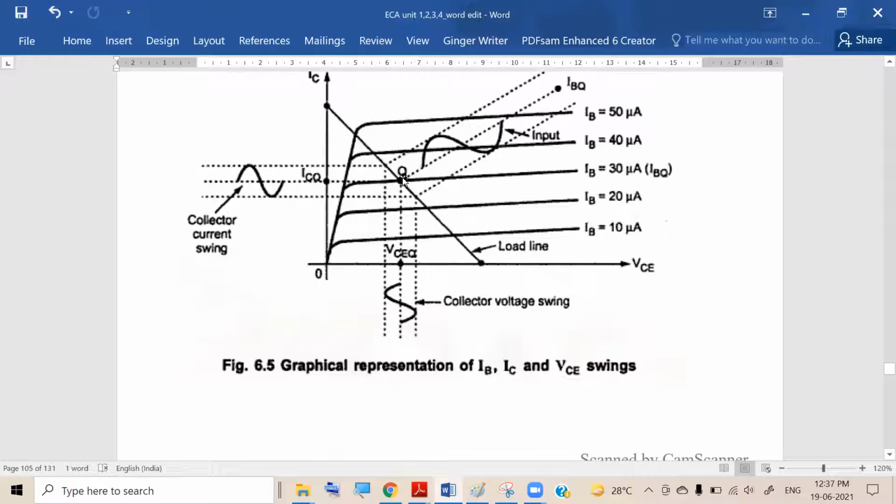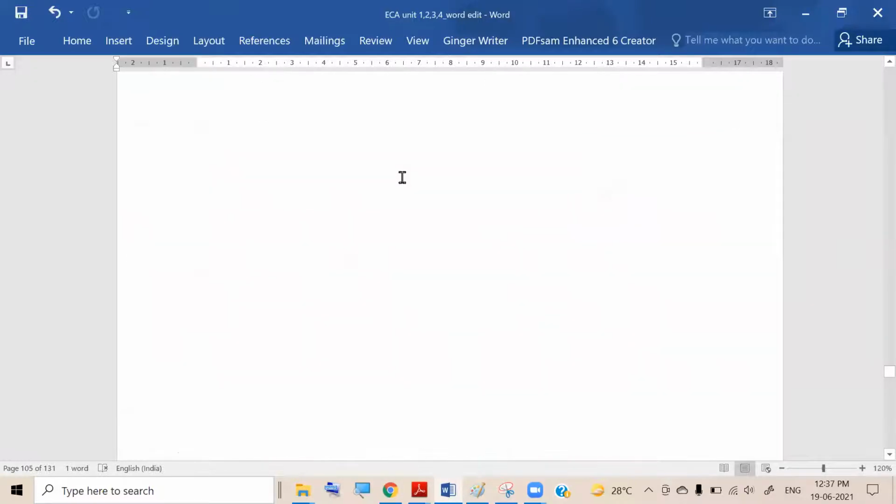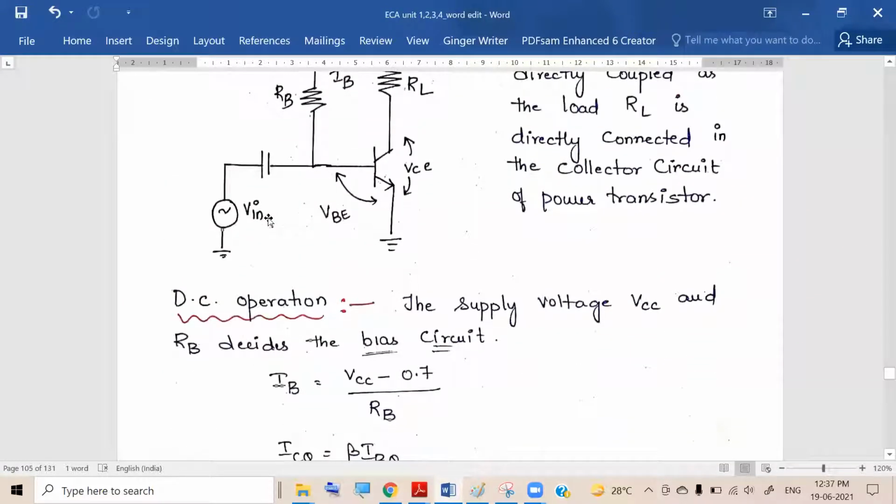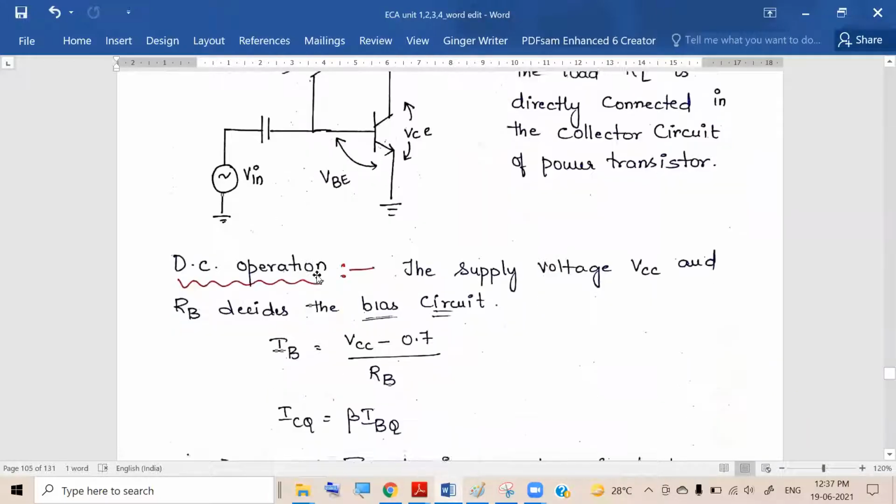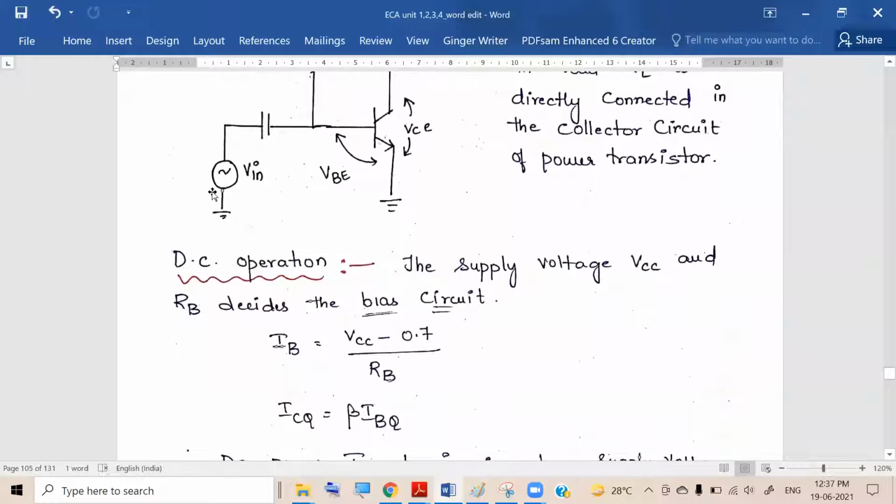Now when you give the input V in, what will happen? Due to this V in, the base current now changes. Because this is a sinusoidal, varying signal, the base current will start to change in the shape of the sinusoidal signal.